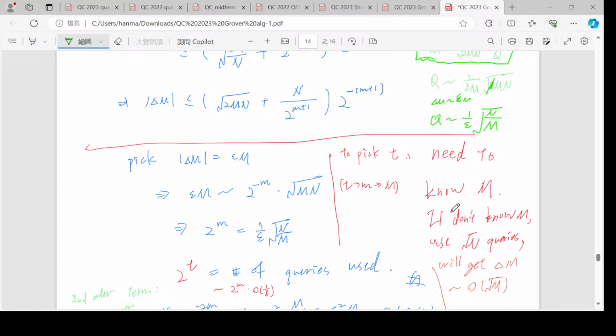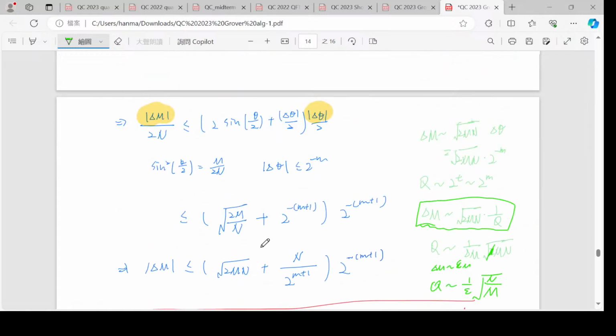You want a fixed epsilon probability for any m, but these oscillations don't actually give you that, because you need to pick the correct t at the beginning.